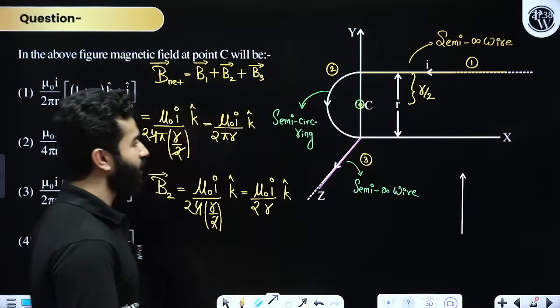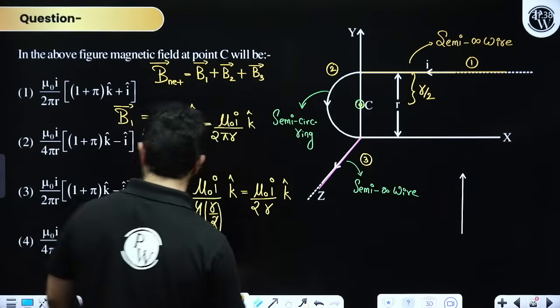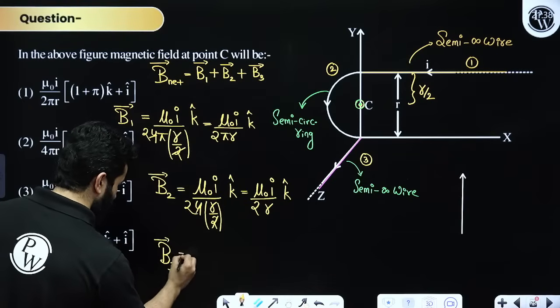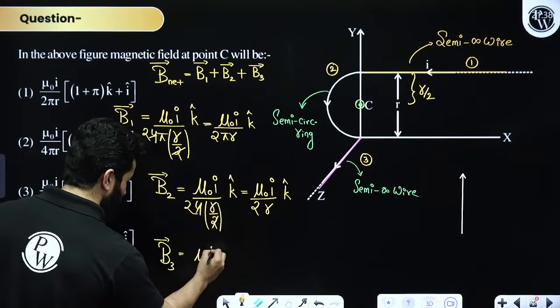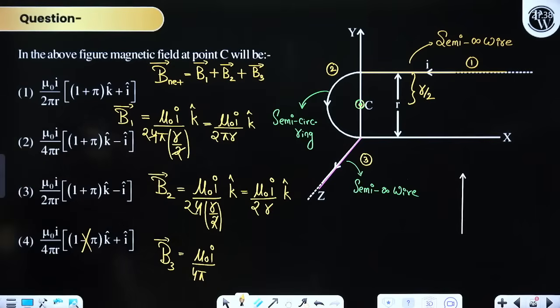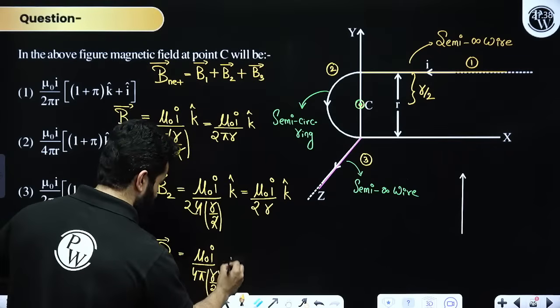It will be along I cap. Magnetic field B3 will be written as mu naught I upon 4 pi, and again the distance is going to be r by 2, and this will be along I cap.